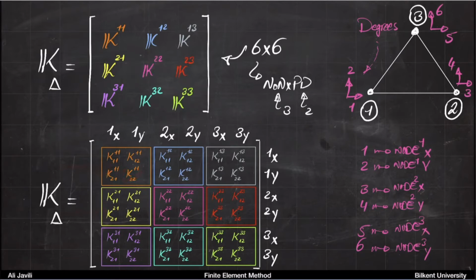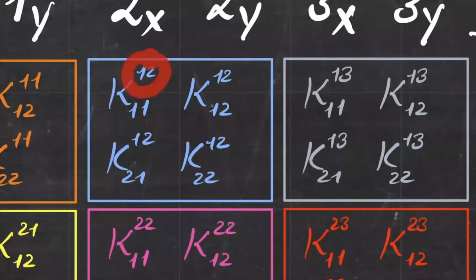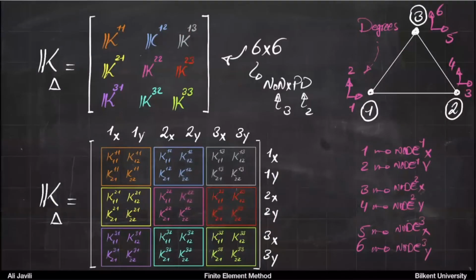So this is okay as long as I want to write it. So it's good when you write it on paper, but if you want to implement this, you cannot really nicely implement superscripts and subscripts separately, right? So you need to give them individual numbers, and that is where these degrees come into play, right?